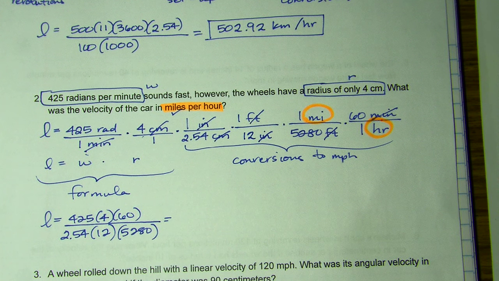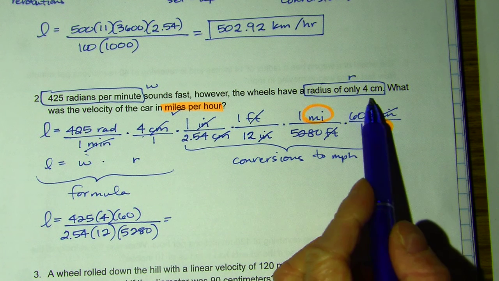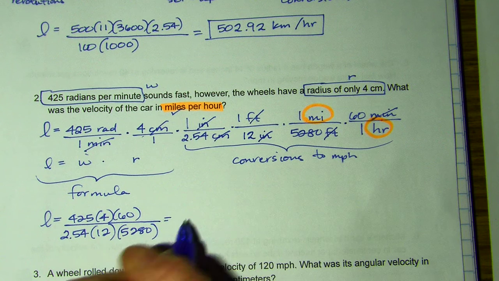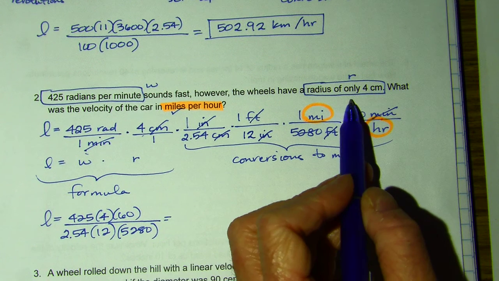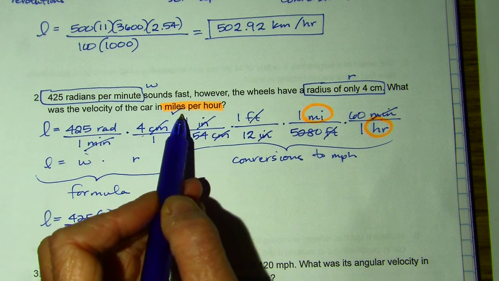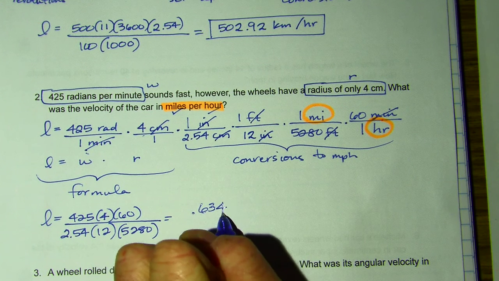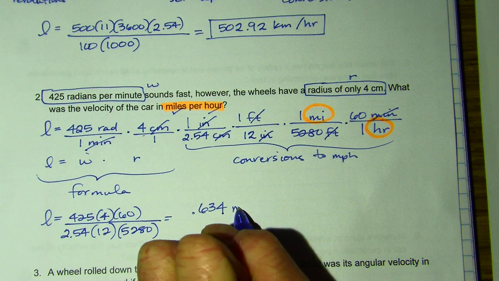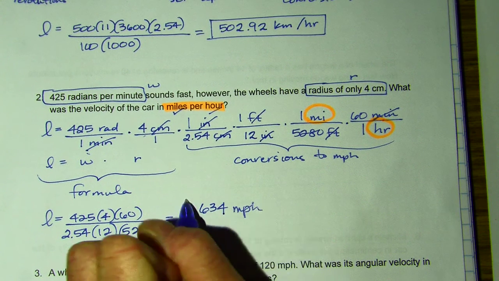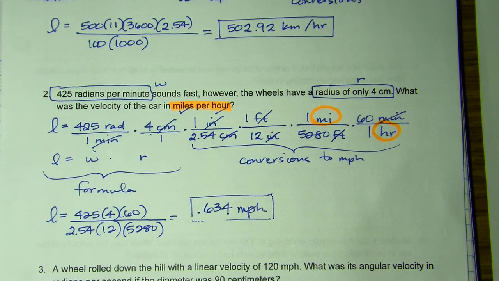That is why this number is going to be so small, because you have such a tiny vehicle. A tiny toy car is not going to travel that fast in miles per hour. So that is why my answer, 0.634, is less than 1 mile per hour. But in an hour, it could get 2/3 of a mile.